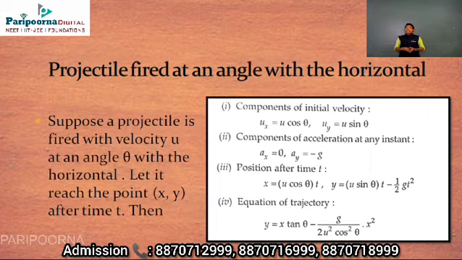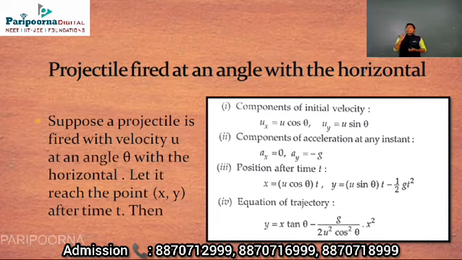Now the projectile fired at an angle with the horizontal. Suppose a projectile is fired with a velocity u at an angle theta with the horizontal, and let it reach the point x, y after the time t. Let us see the equations. The components of initial velocity are ux equal to u cos theta and uy equal to u sin theta. The components of acceleration at any instant are ax equal to 0 and ay equal to minus g, the acceleration due to gravity.